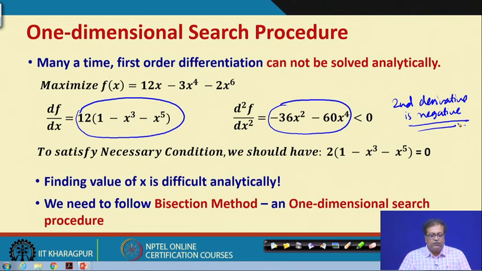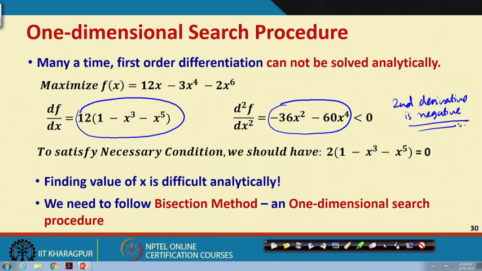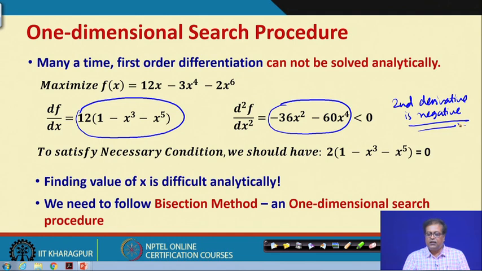We have to put the first derivative equal to 0, that is our necessary condition. So, to satisfy the necessary condition, we should have the first derivative equal to 0. So, if you put that first derivative equal to 0, which essentially means that 1 minus x cube minus x to the power 5 equal to 0.